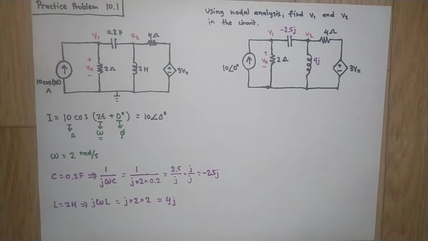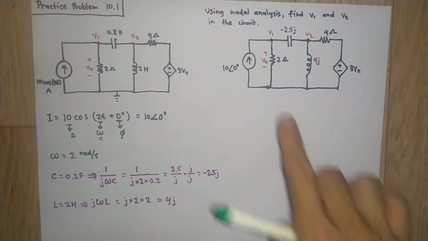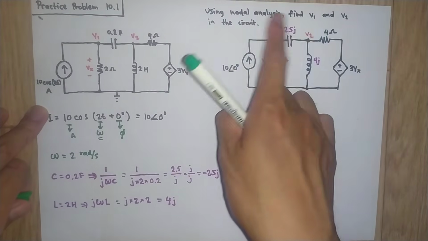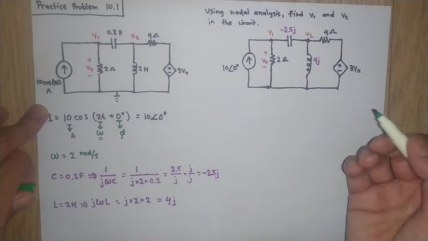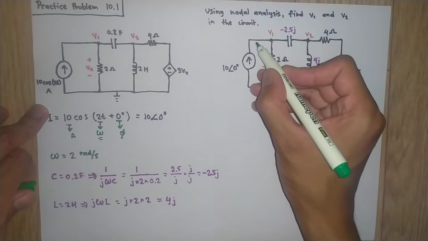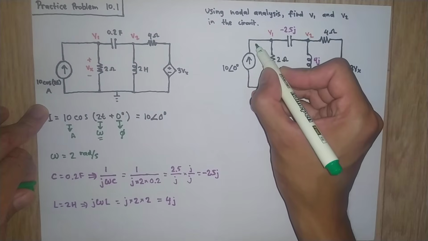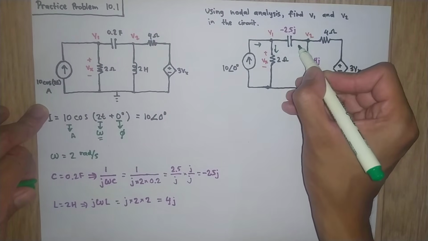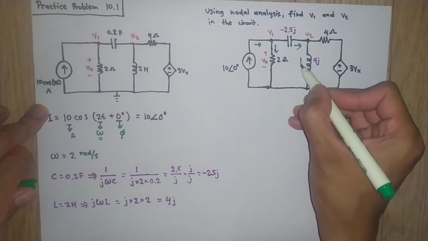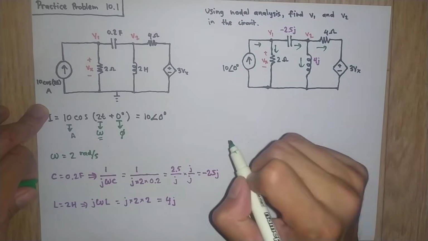Okay, now let's jump into the problem. We need to find V1 and V2 using nodal analysis. For nodal analysis, we need to assume the direction of all the currents. So let's assume this current is going there, this is going there, this is there, and that is there.